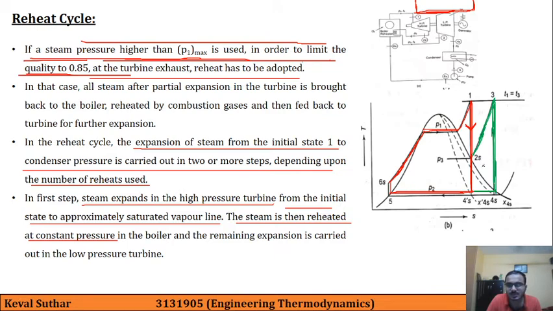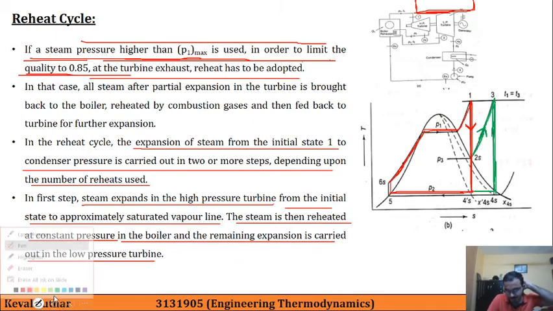The reheating process is this, that is from 2s to 3, in the boiler, and the remaining expansion is carried out in the low pressure turbine, that is over here. Okay, so this is the way we are having the use of reheat.